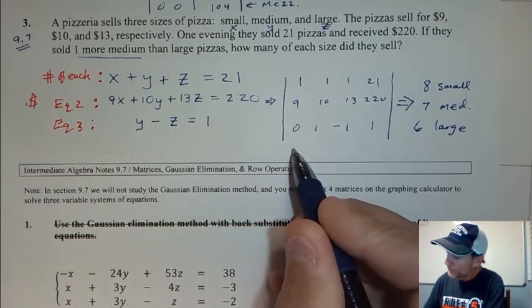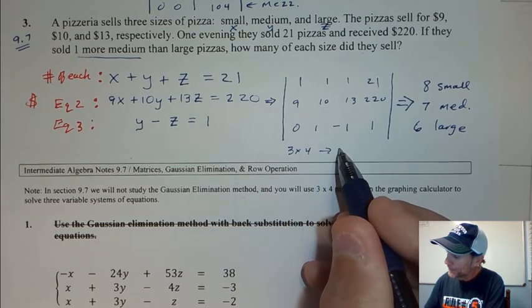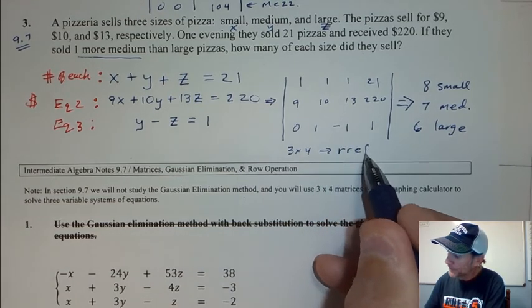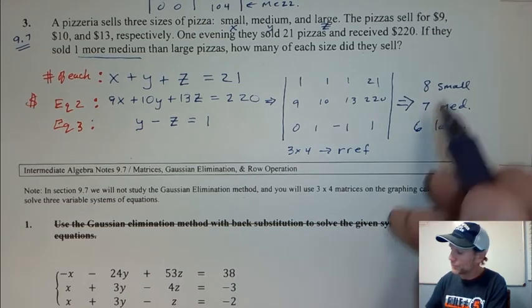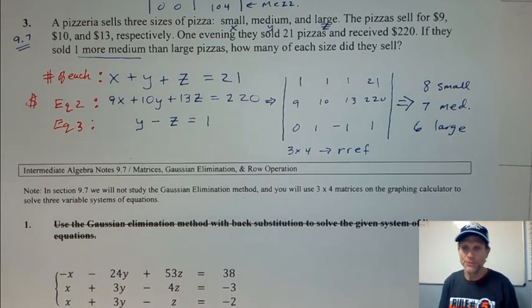So remember, try 3x4 ref here and practice that, and you should come up with this as your result. So the setup's the hard part, and then using your calculator, hopefully you're becoming efficient with that. All right, so that's a couple application problems with 3 variables. Some of them will be in 9.6 and some of them will be in 9.7, but you want to set up 3 equations. And all right, good luck with that.